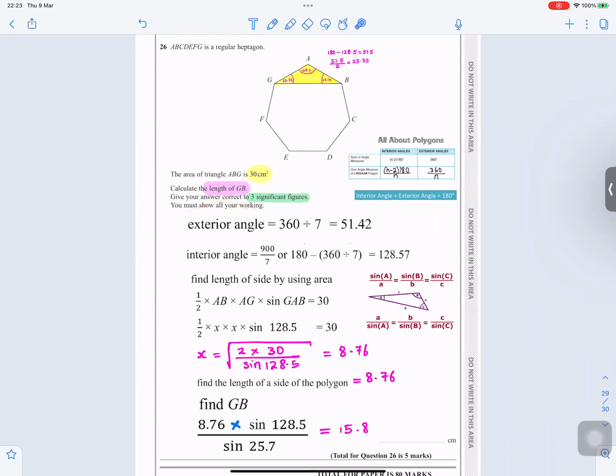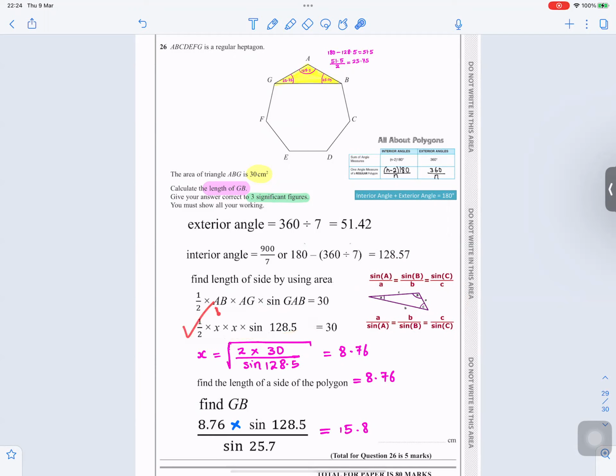Exterior angle is 360 degrees divided by n, the number of sides, which will give you 51.42. Or we can use interior angle is n minus 2 times 180 divided by 7, which is 900 over 7. We can use that way to do it. So to find the length of the side using the area, we can use the area of a triangle formula.